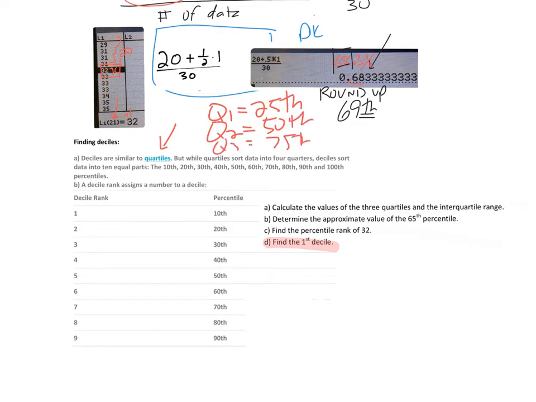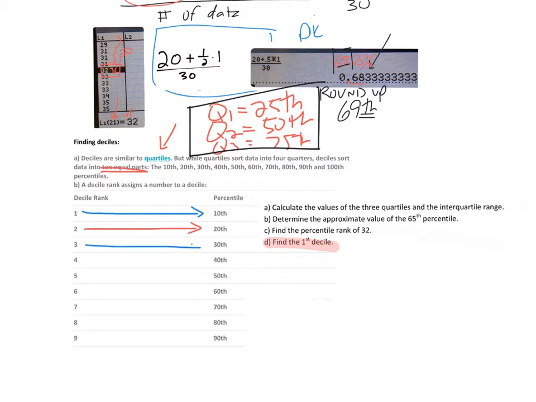But for deciles, as opposed to breaking the data up into quarters that quartiles do, deciles break the data up into 10 equal parts. So basically you have a little chart here. What does that mean? The first decile corresponds to the 10th percentile. The second decile corresponds to the 20th percentile. The third decile, the 30th percentile, and so forth and so on.